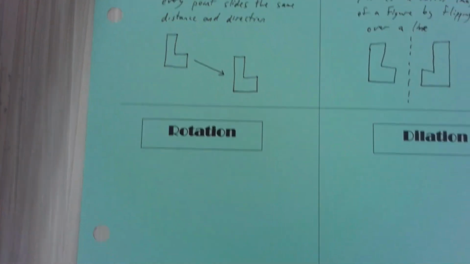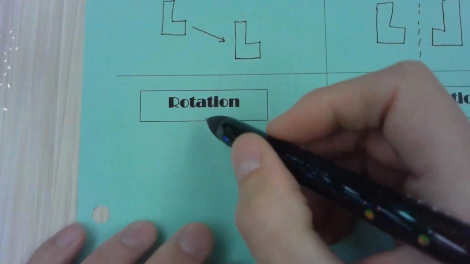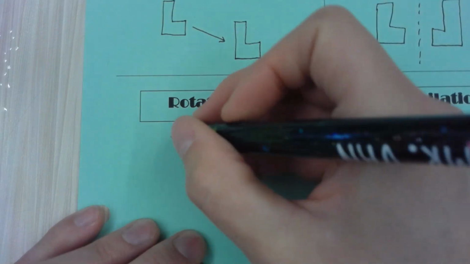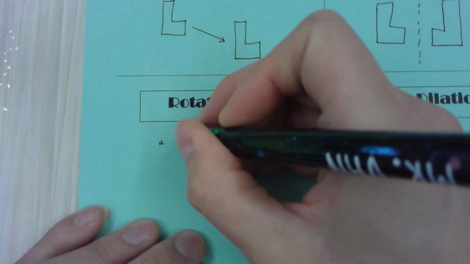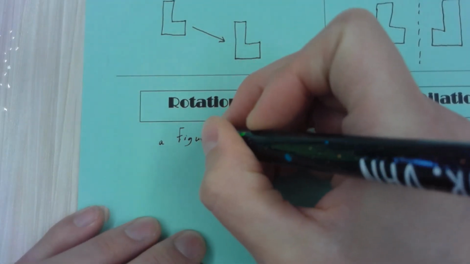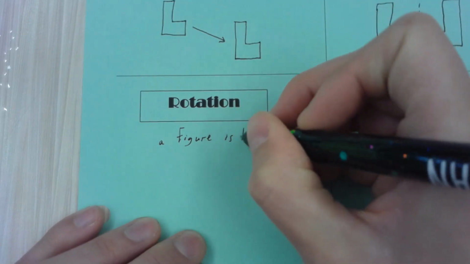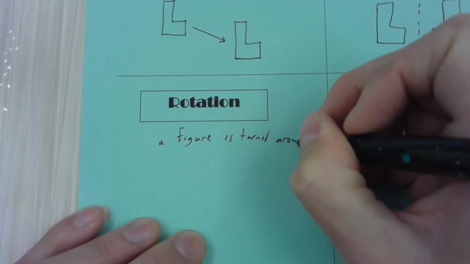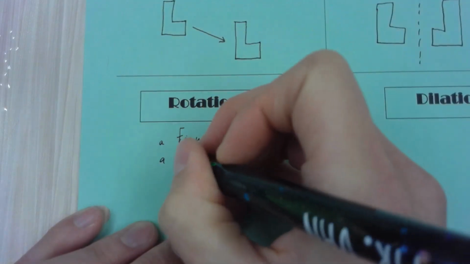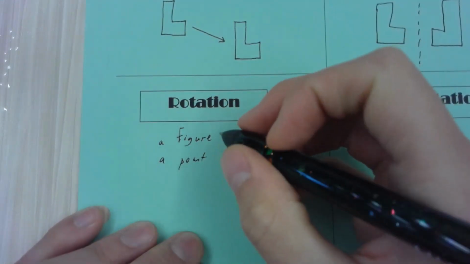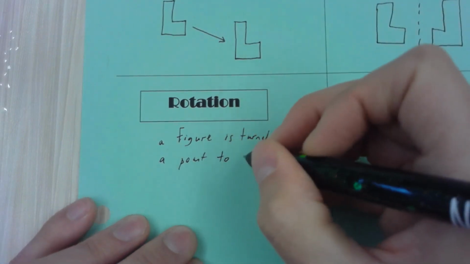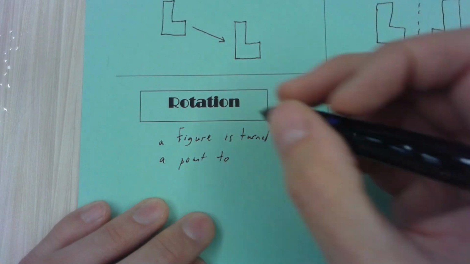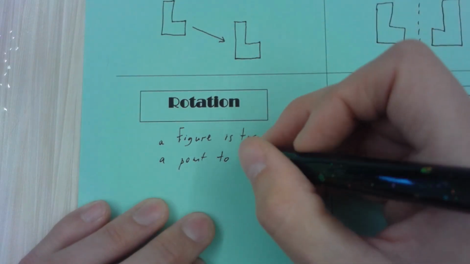A rotation, just like what it sounds like, we're turning the image to create a new one. A figure is turned around a point to create a congruent one.